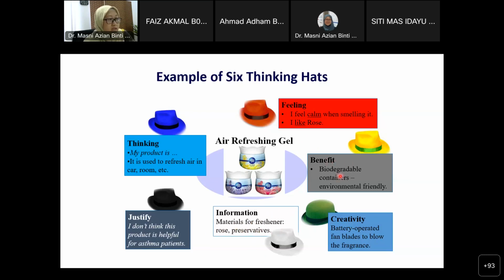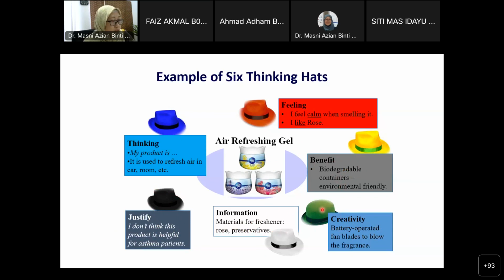Yellow hat, dia akan think of the benefit only. So in this case, probably dia nak buat this product to be biodegradable. Dia nak the container to be biodegradable so that it is environmentally friendly. And then black hat, cautious, justify. I don't think this is helpful for asthma patient. Dia kena berhati-hati. And finally, this one would be the creativity hat lah.